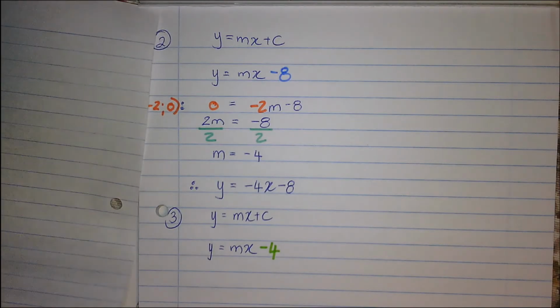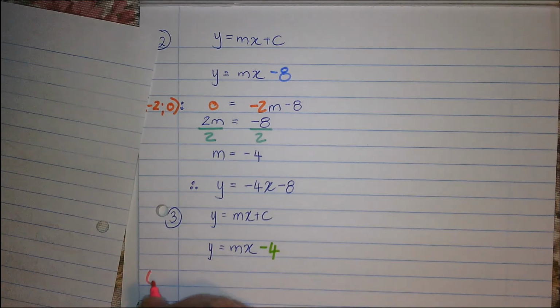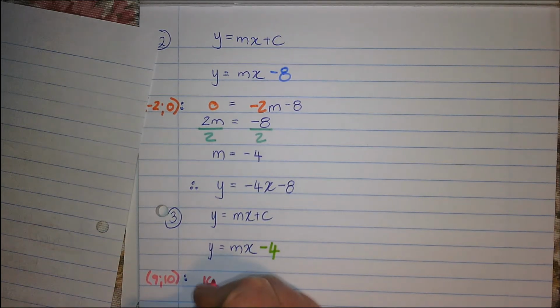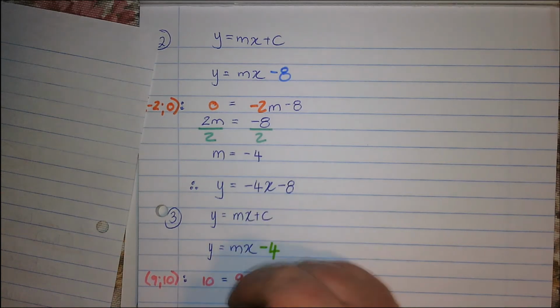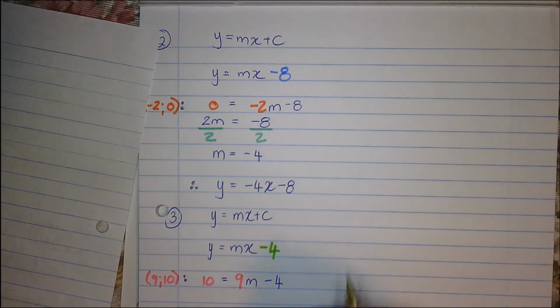Okay, so we're going to take 9 and 10, and in the place of y, we now have 10, equal to, and in the place of x we have 9, so this is 9m minus 4.